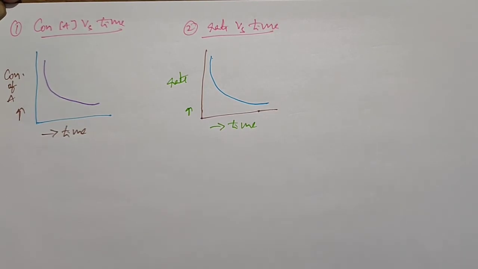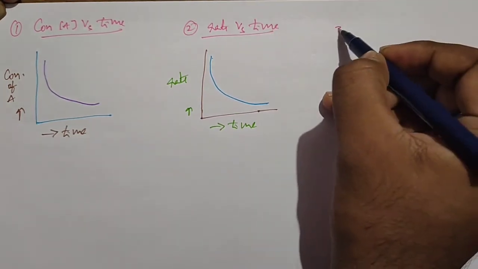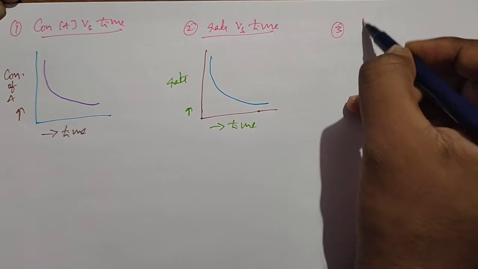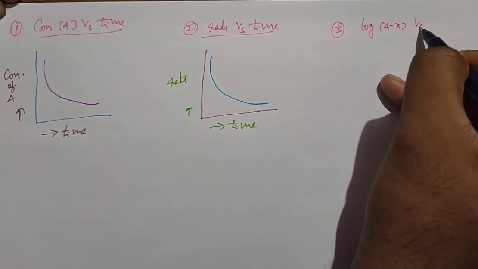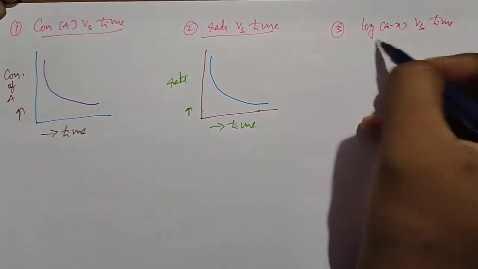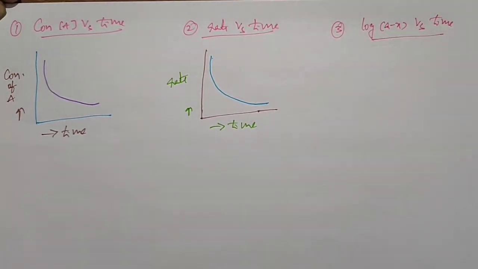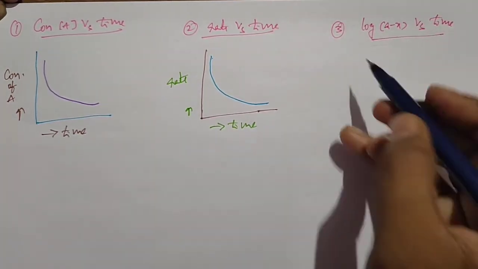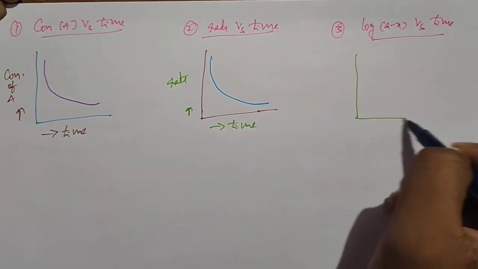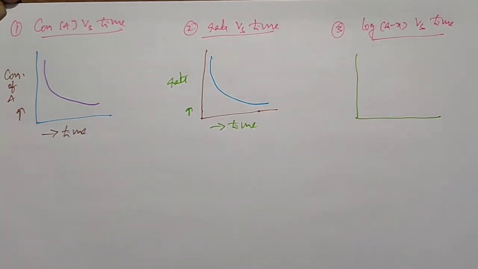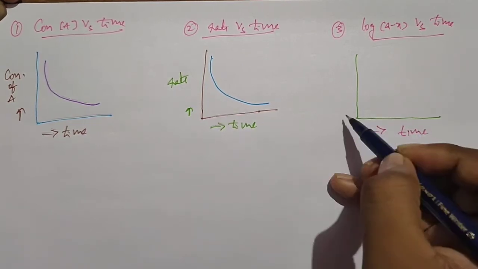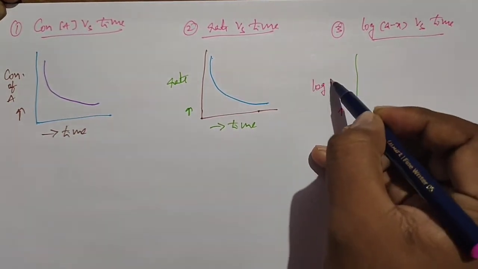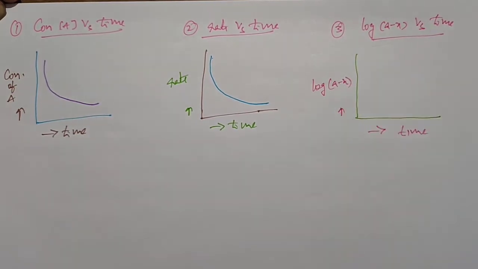And then the third one, log a minus x versus time. So here I take the graph, x-axis and y-axis. On the x-axis I take the time, on the y-axis I take the log a minus x.